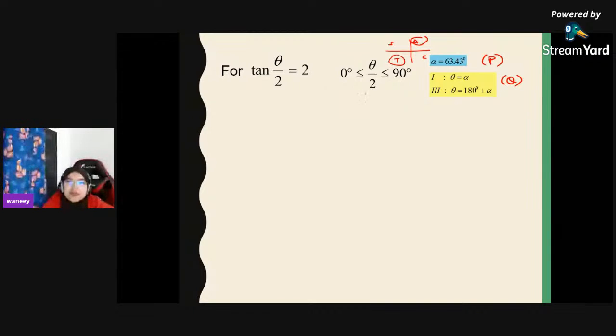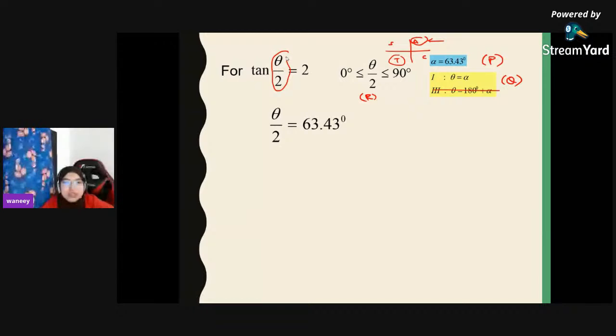However, so this is for the range. Theta is in between 0 and 180, so theta over 2 is in between 0 and 90 degrees. I have to make sure that my answer is in the first quadrant, so I should ignore the third quadrant. That means theta over 2 is equal to alpha, or theta over 2 is equal to 63.43.